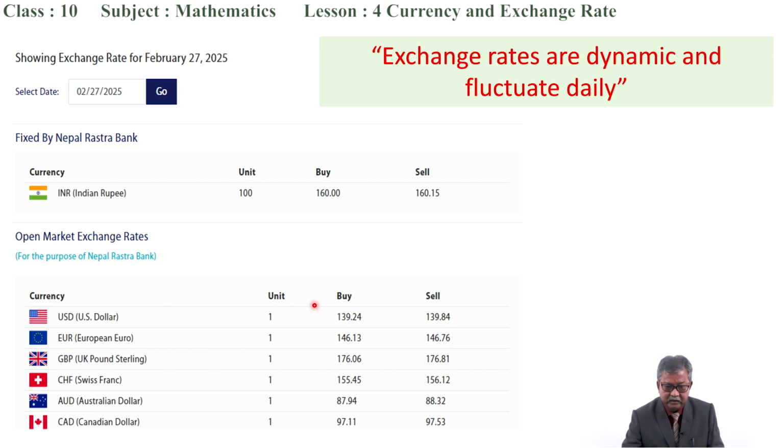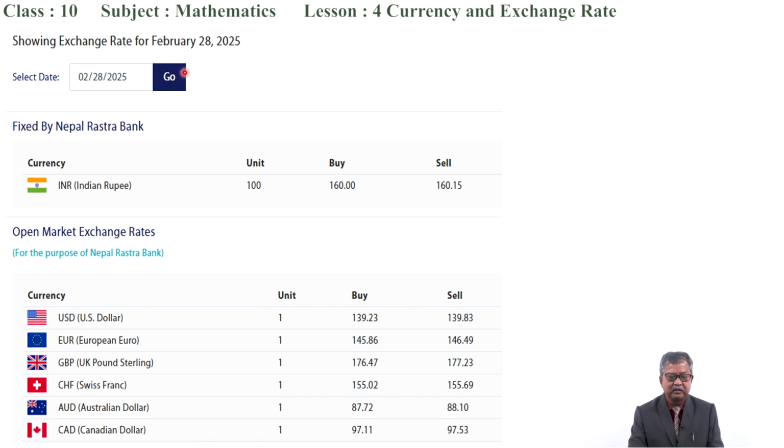In this way, the exchange rates of other countries are also given here. This is for February 27th, 2025.